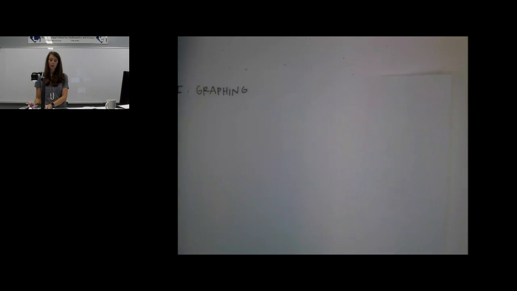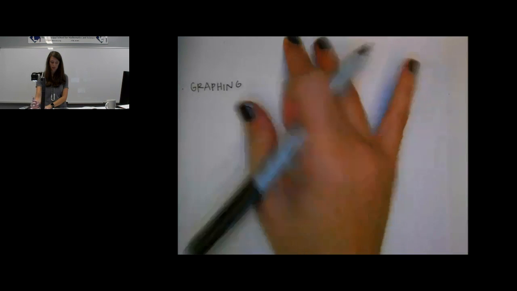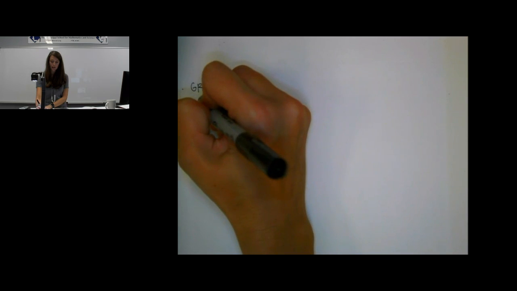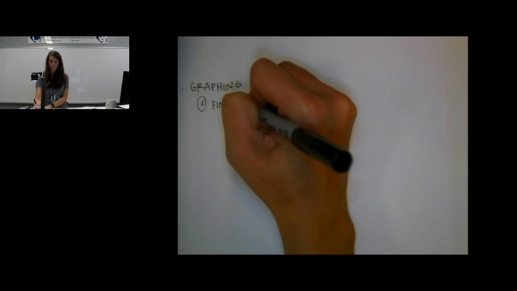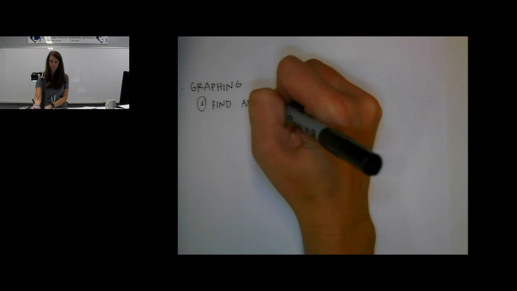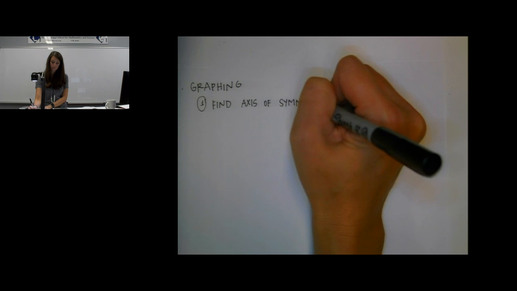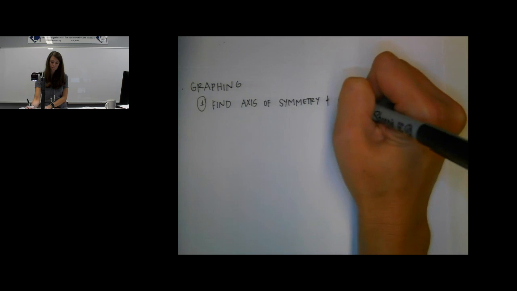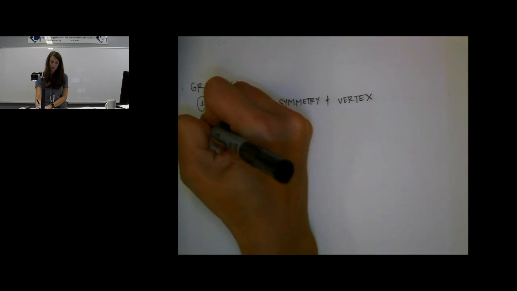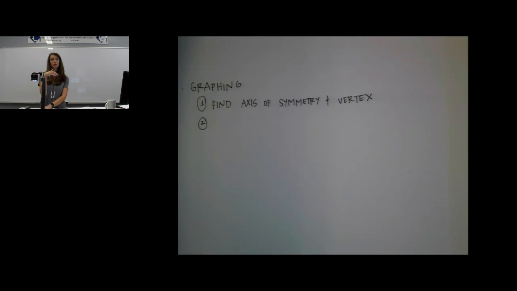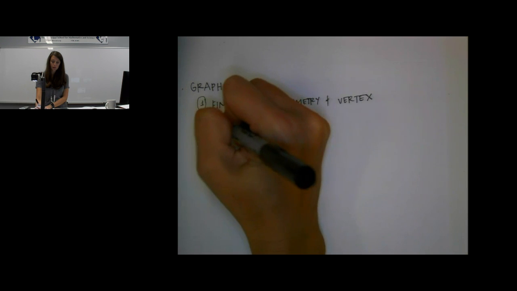The same rules apply: I need to find my vertex first. So find the axis of symmetry and vertex. Then put that one in the middle of the table.